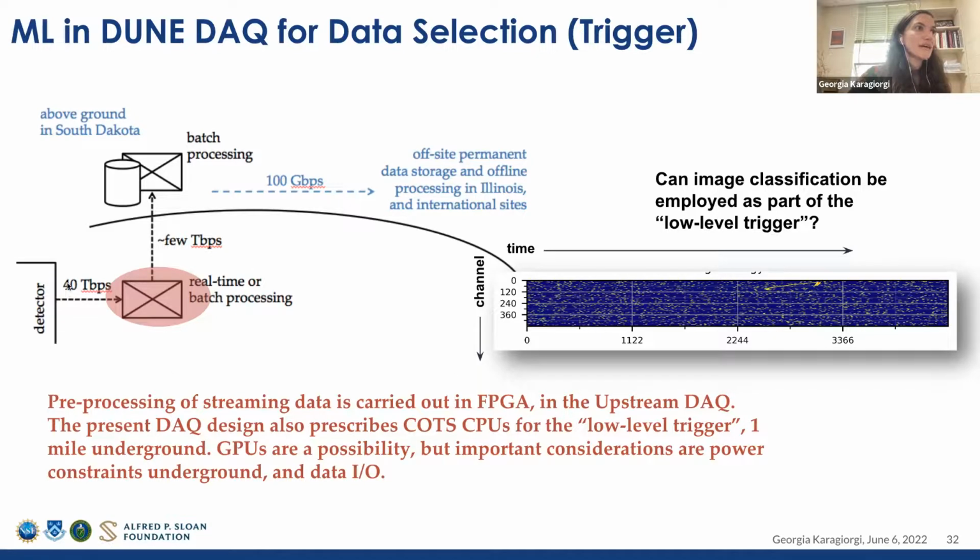Now, as part of this first stage processing, there are also lots of commercial CPUs that are available for low-level trigger. GPUs are also a possibility, but an important consideration is the power constraints that we have deep underground, as well as data I/O, how quickly this 40 terabits per second worth of data rate can be absorbed by GPUs and processed there.